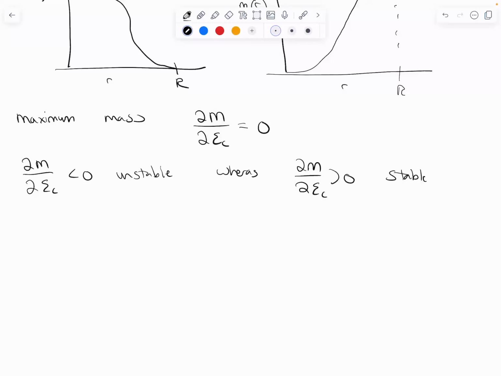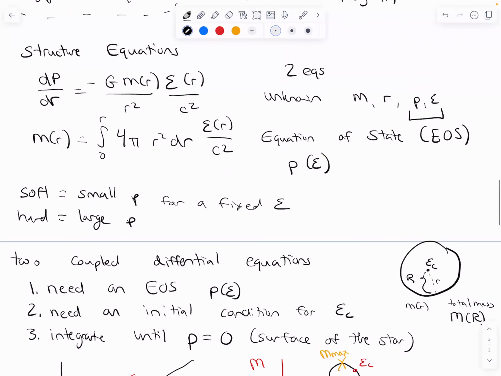Now, in this case, up until now, I've used Newtonian gravity. Right, I've used sort of simple structure equations right here. I've just ignored the effect of GR.